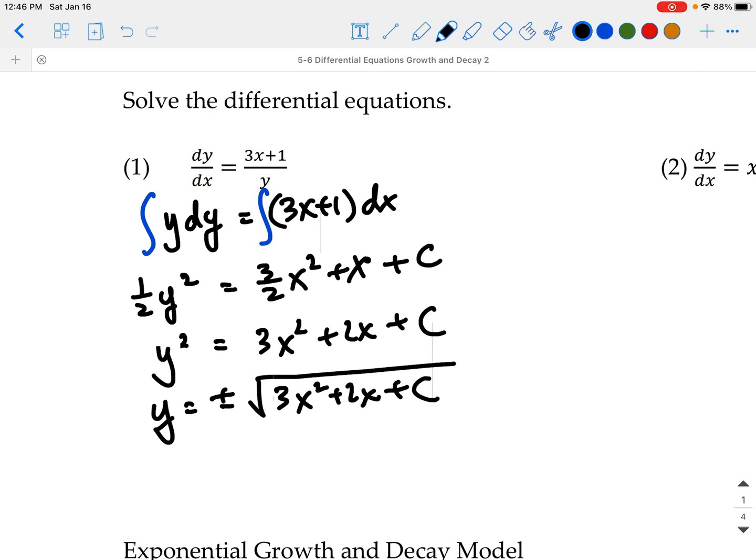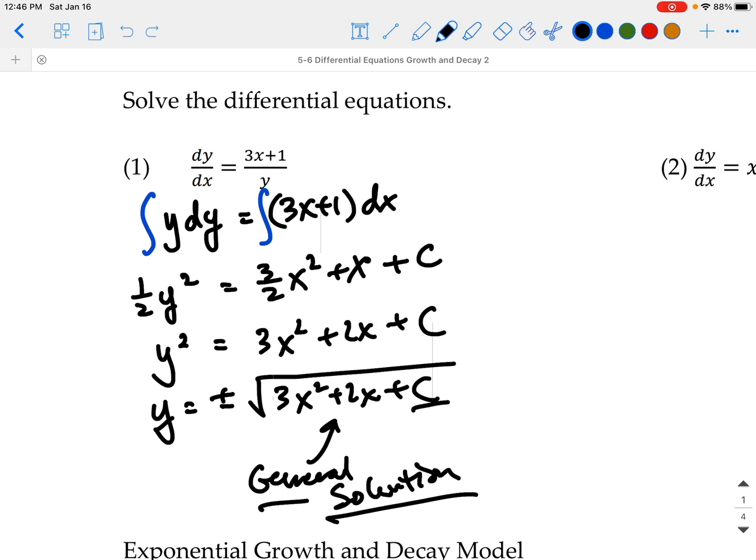And then based on the domain we have, we could decide whether we want the square root value to be positive or negative. And so note this would be our general solution, because we have this plus c that is going to be a changing quantity. As we change that quantity, it'll shift the way that our value looks in our function.